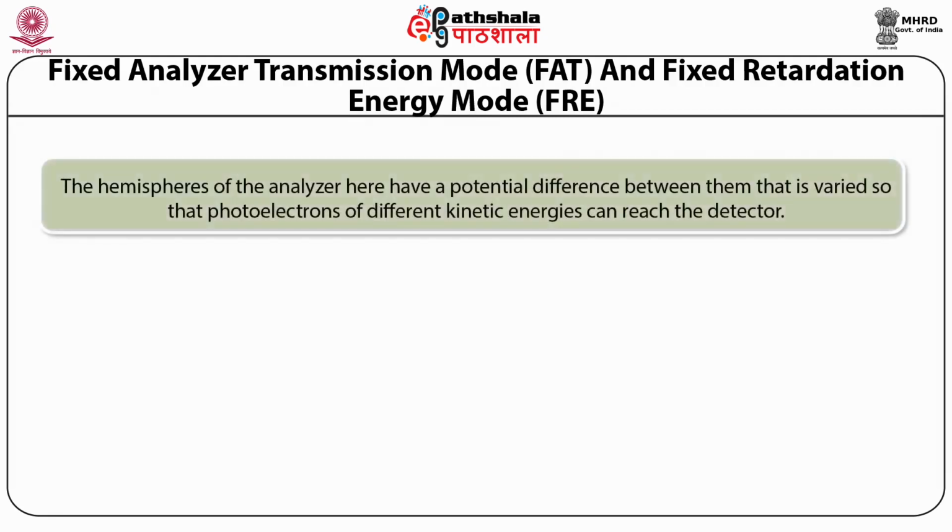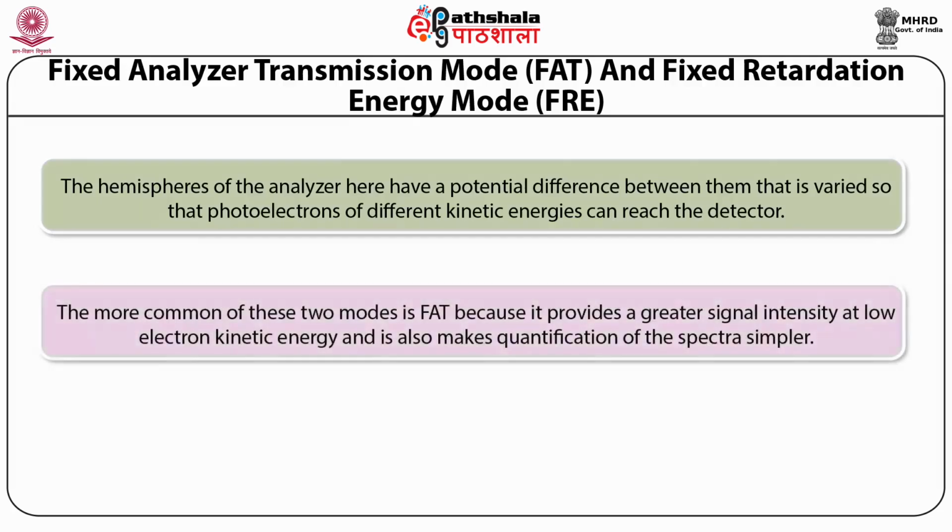The hemispheres of the analyzer here have a potential difference between them. This potential difference is varied so that photoelectrons of different kinetic energies can reach the detector. The more common of these two modes is the FAT because it provides a greater signal intensity at low kinetic energy and also makes quantification of the spectra simpler.